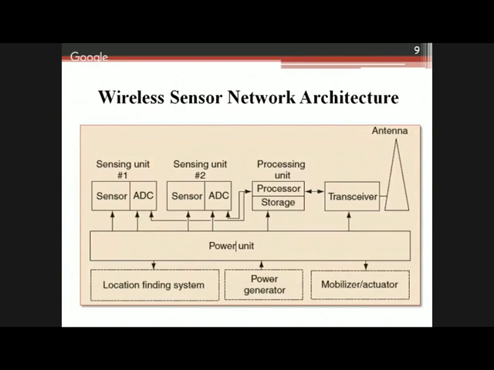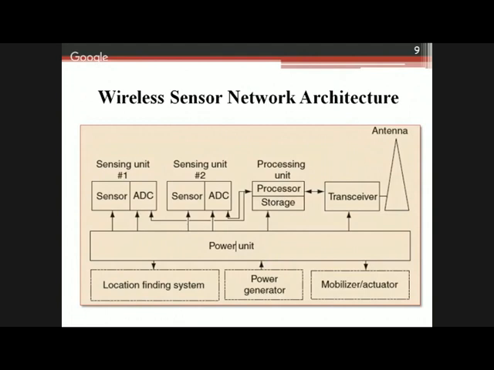That processing part might be your microcontroller. It can be your PIC, ARM, or your DSP processors, FPGA, the field programmable gate array, or CPLDs. So this processing unit can be anything, but right now we are talking about the embedded system. So we are mainly concentrating on the PIC or the ARM, which can be used here as the processing unit.